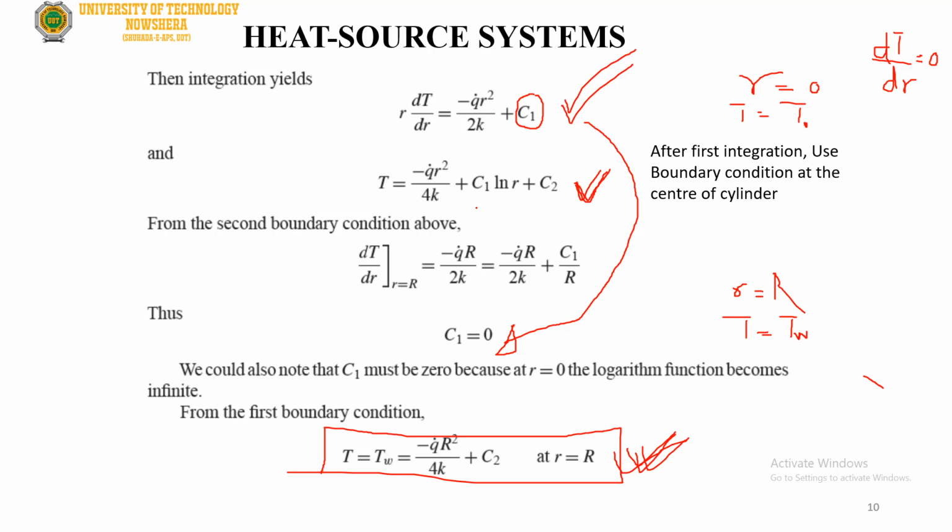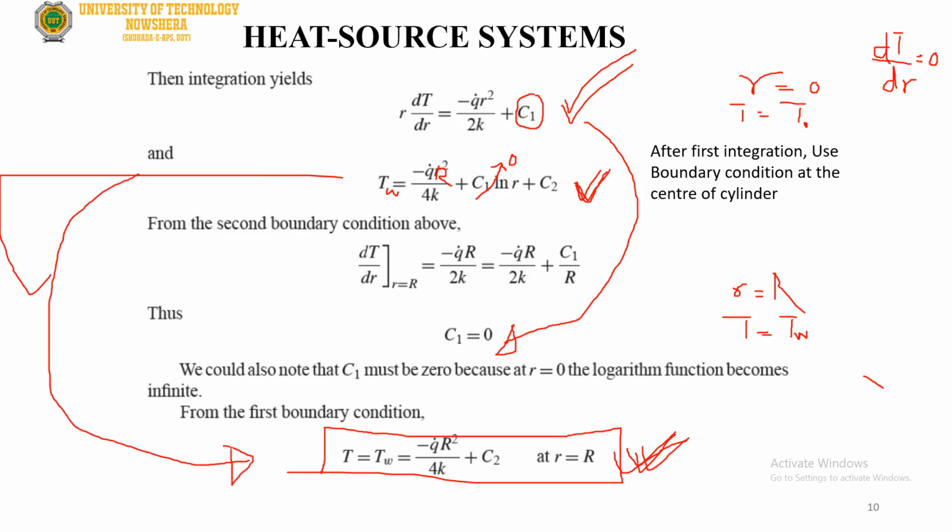So what we have done after second integration, we have already found that C1 is 0, so this term is 0. By using the second boundary condition at r is equal to capital R, temperature is Tw, which is basically this equation.